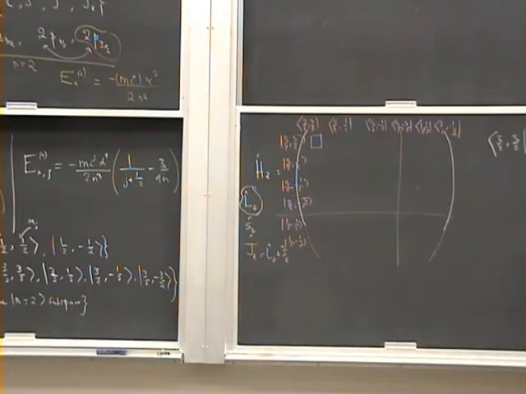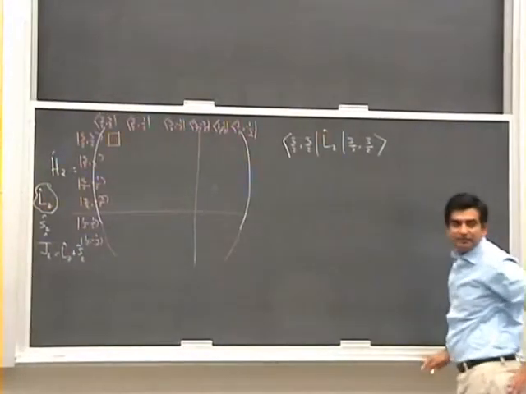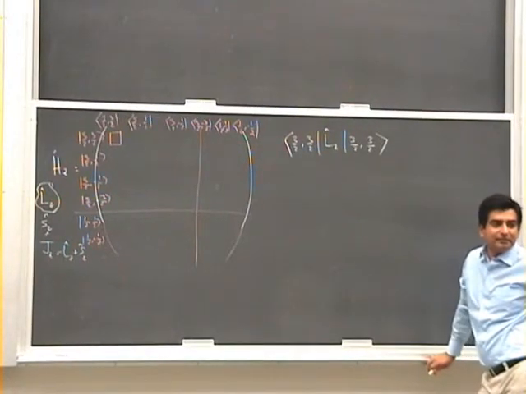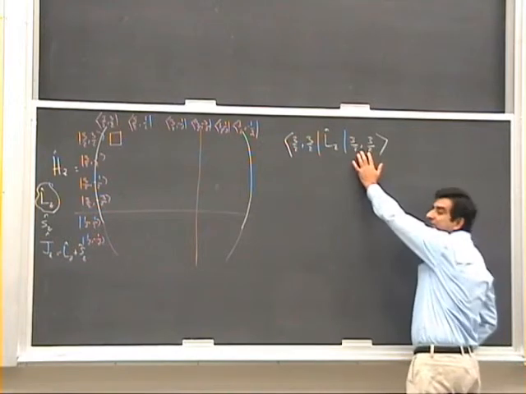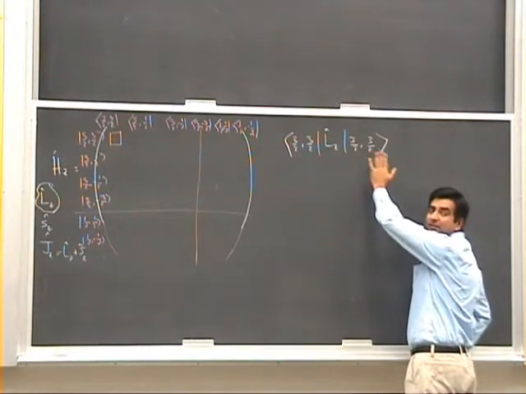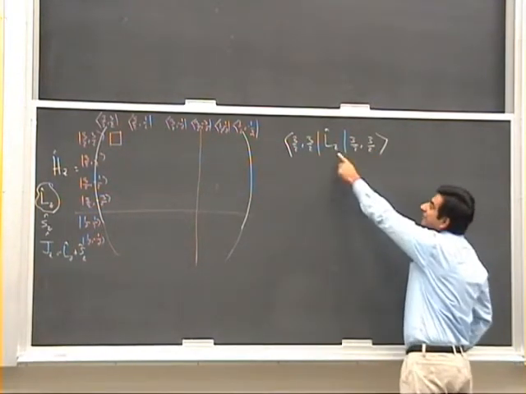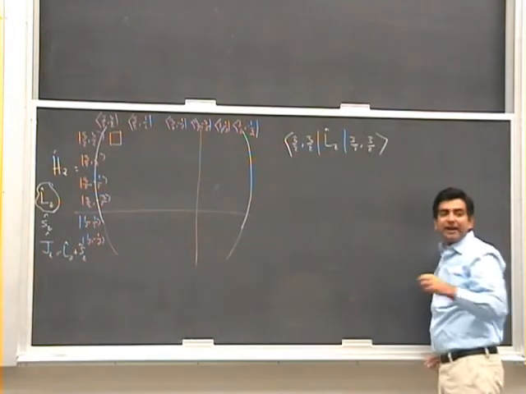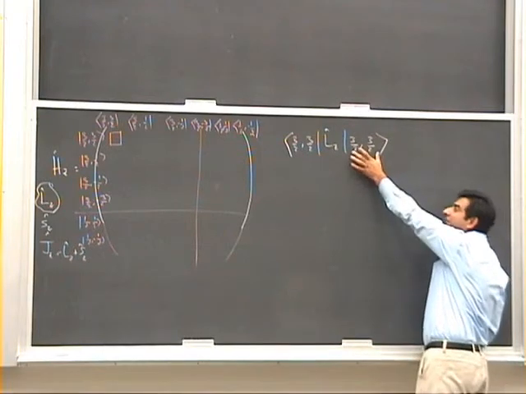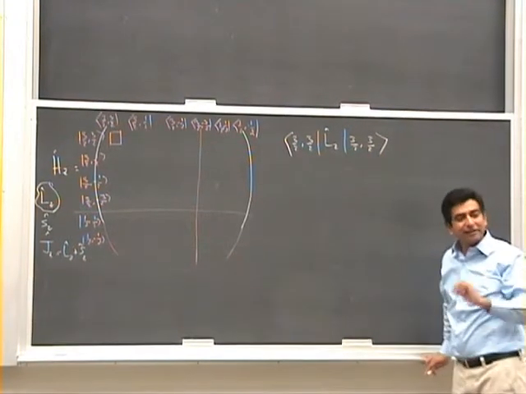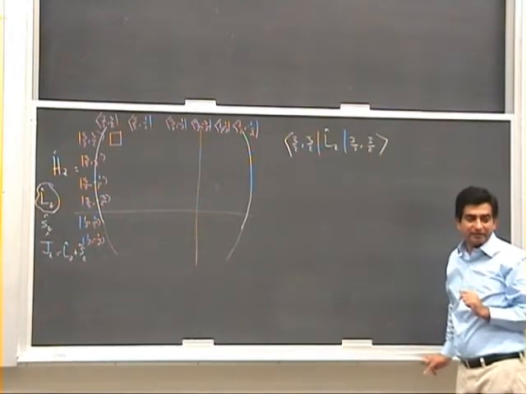But the point is: is this an eigenstate of LZ? We have to check this because this is a coupled state, written in a coupled basis. However, LZ is a Zeeman angular momentum operator acting on just one degree of freedom, the orbital degree of freedom. So I would like to convert this coupled basis state to its uncoupled variant.